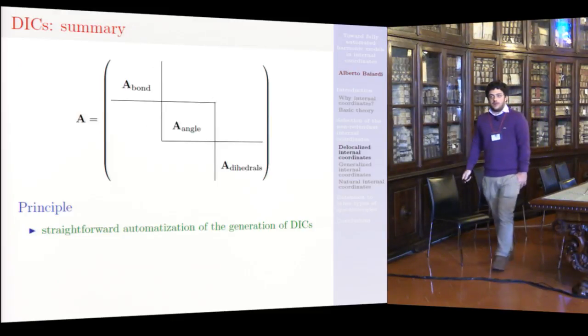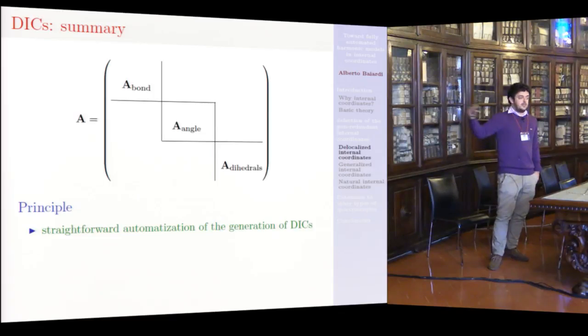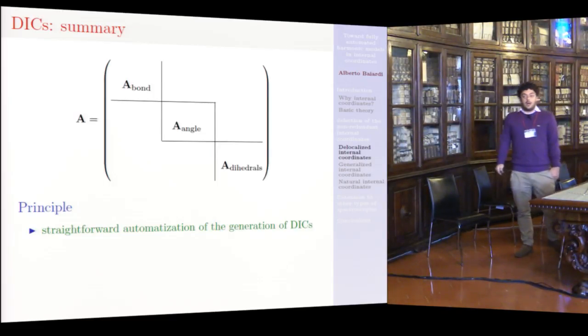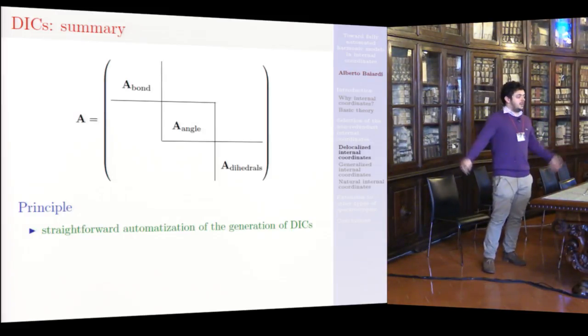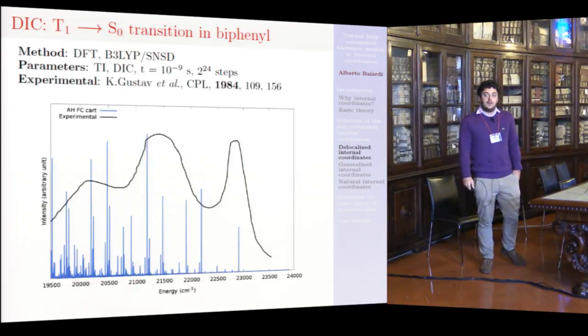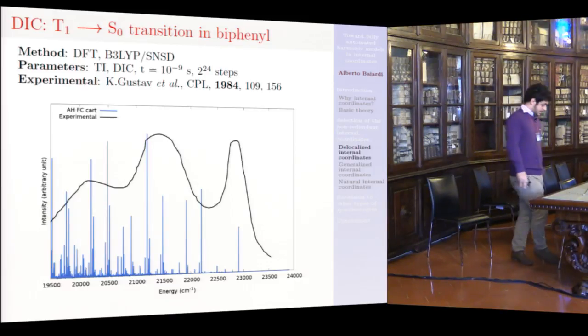So this is a quite straightforward way to build internal coordinates, because there is just a diagonalization step, and so it has been chosen for us as a reference procedure. So let us go back to the previous case, the phosphorescence of biphenyl.